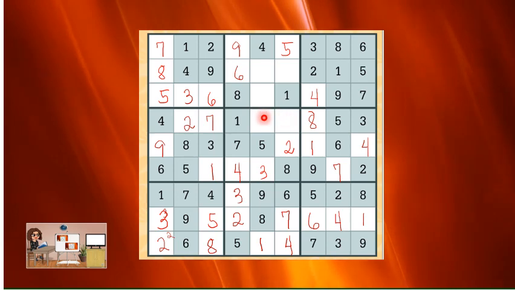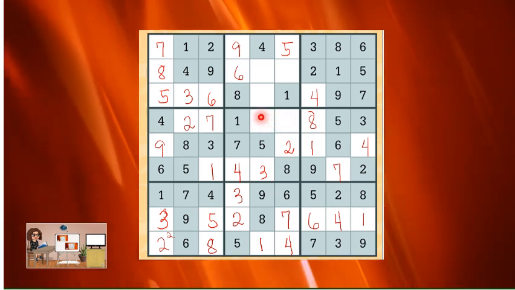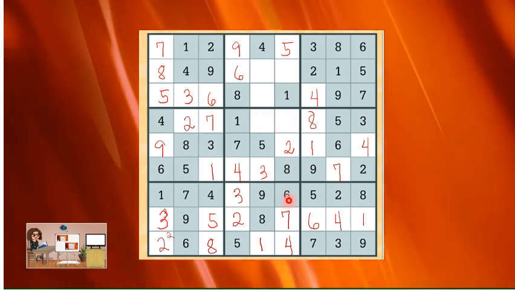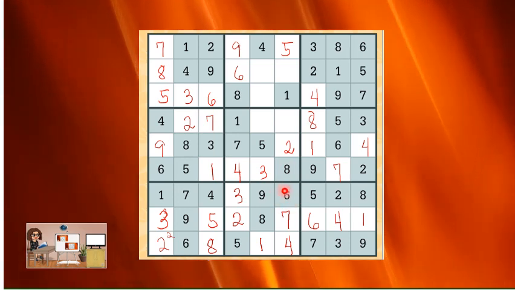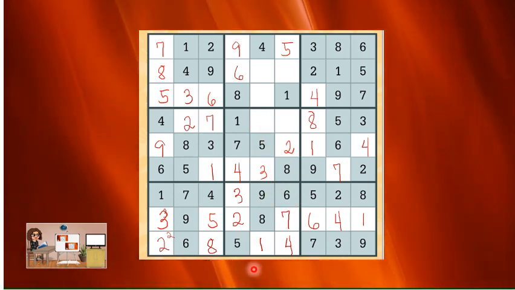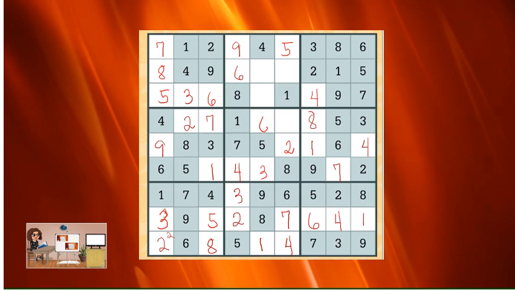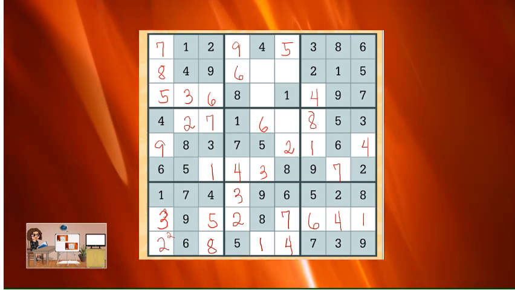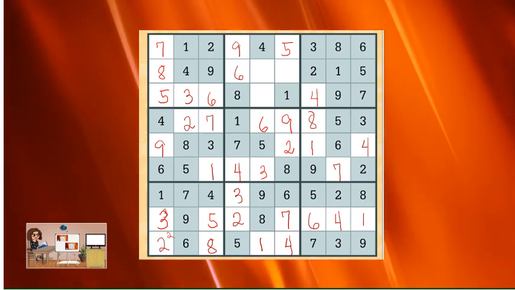So 6 can only be placed here because there's already 6 on this column. This 6. So we write 6. Then we have 7, 8, and 9.